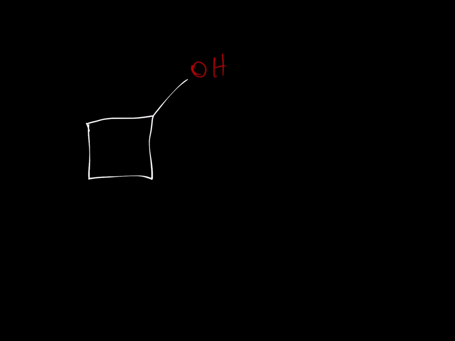How do we name this compound? So we know that we have 4 carbons because we have 1, 2, 3, 4. Each corner is going to be a carbon. And so we know that this would be butanol because we also have an OH. We have it here. However, since it's a cyclic molecule, we're going to call it cyclobutanol.